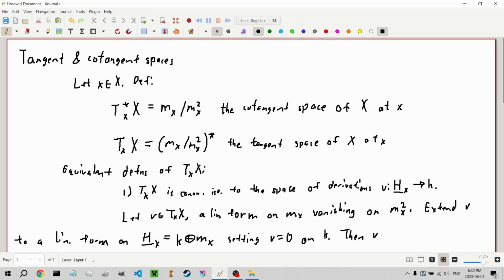Then v is a derivation on H of x, being k-linear.